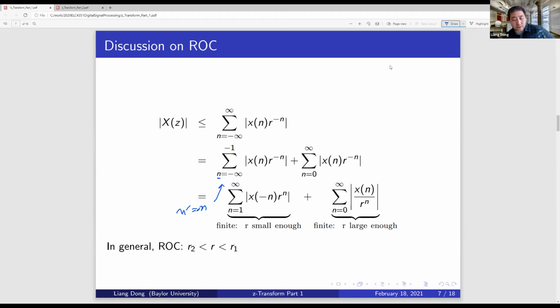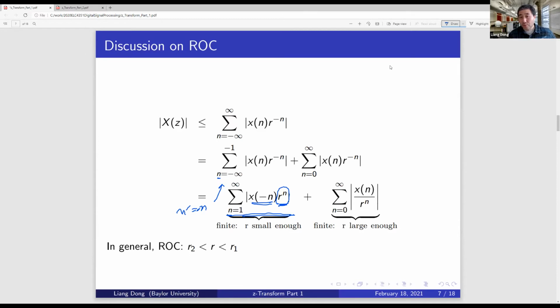If I want to make this first term finite, now x is some number. It's a signal in time, so it's a finite number. It's just a weight, right? But this r is a power term. If I want to make sure this sum is finite, I need to make r small enough. I want to make this small.